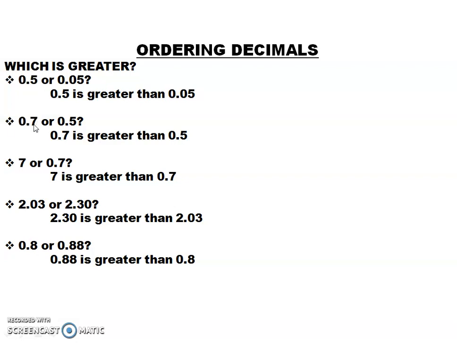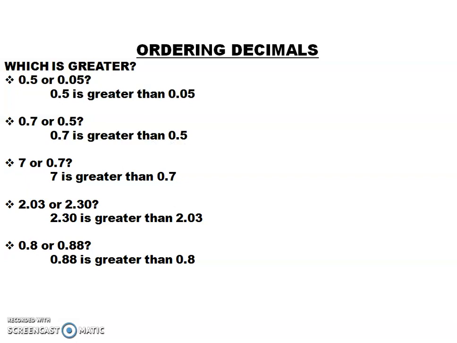Here the digit in the tenths position is 7 and in the second decimal number the digit in the tenths position is 5. Which is greater? 7 is greater. So, 0.7 is greater than 0.5. Hope it is clear for you.